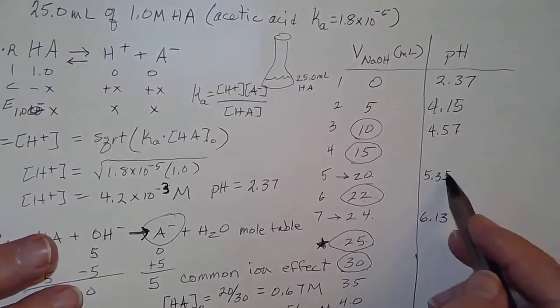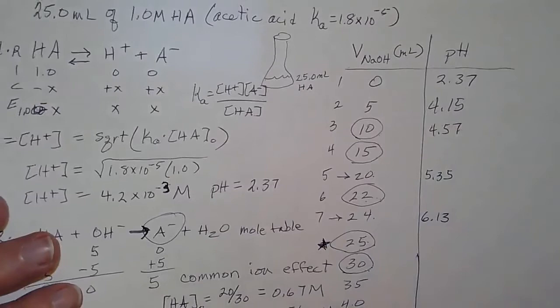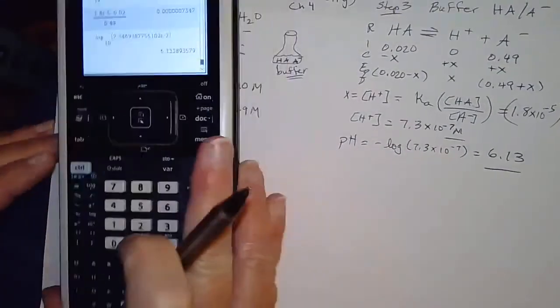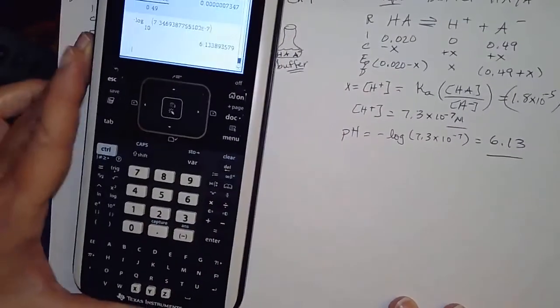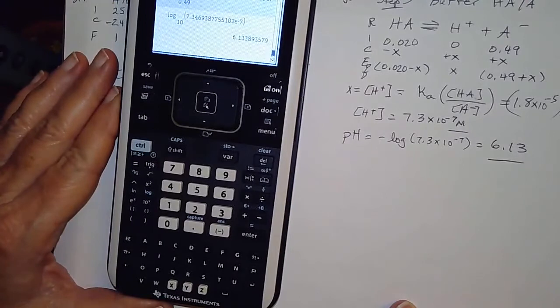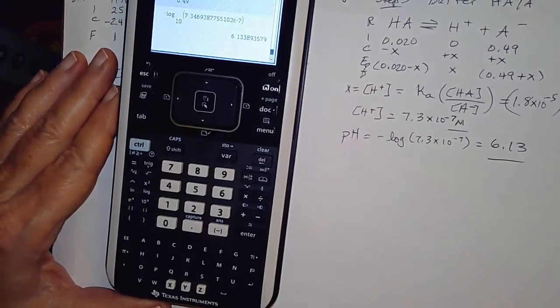So you see it's a much more gradual, it's not that steep, sharp turn that we had in the strong acid, strong base. Once you have a weak acid or a weak base as part of your titration, your equivalence point is going to be much less dramatic. It's more gradual.